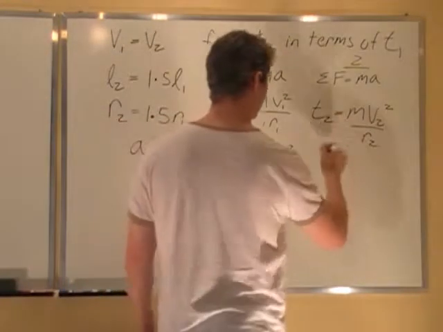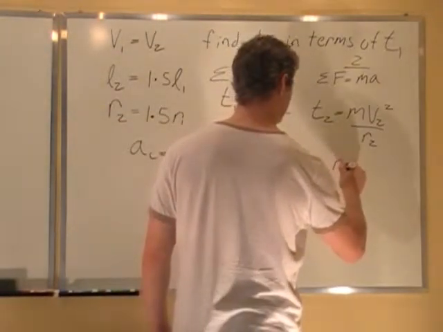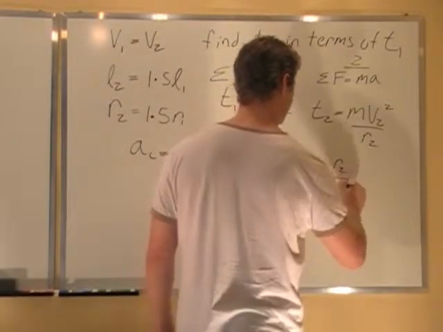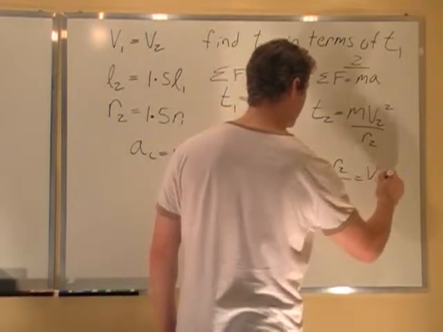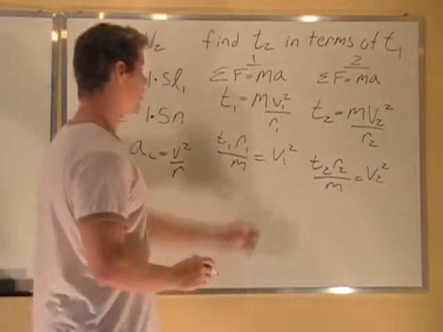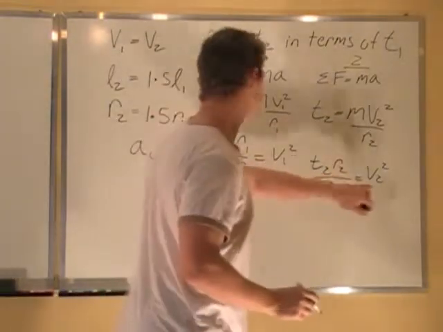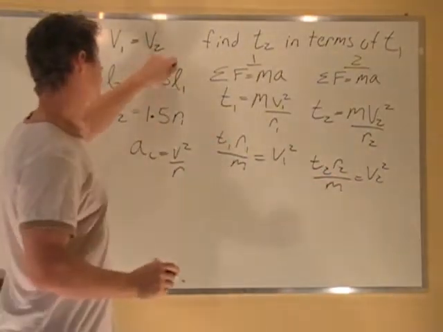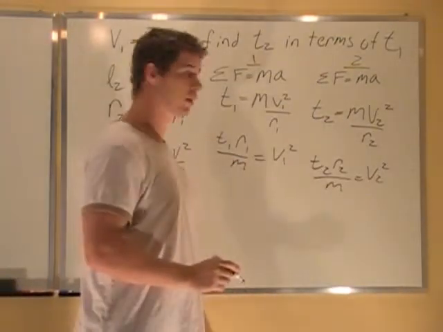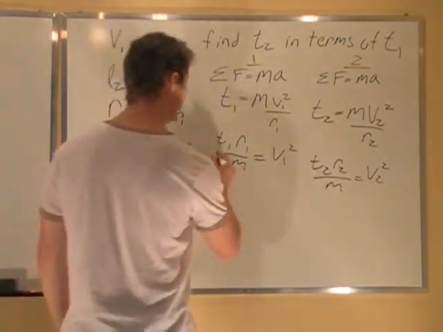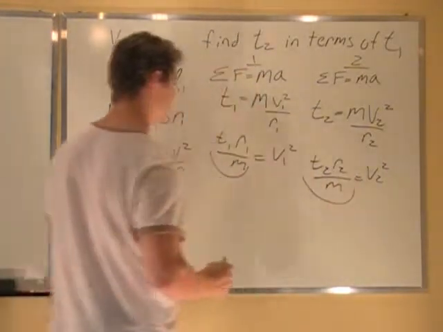Same for this side: T2 times r2, divided by m, equals v2 squared. Since v1 equals v2, v1 squared equals v2 squared. So I can just set these two equal to each other.